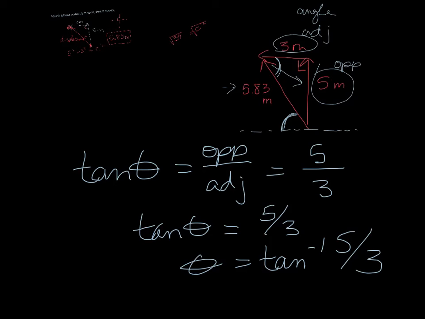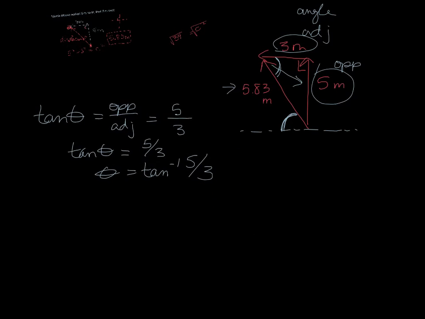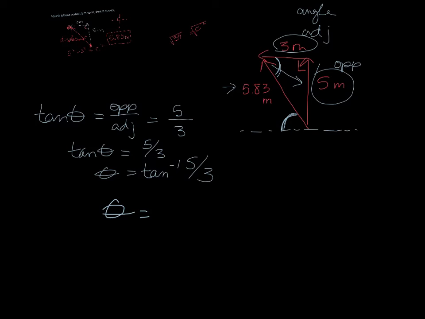On your calculator, that's a second function button. Go second tangent, 5 divided by 3 equals, and you should get that theta is 59 degrees.